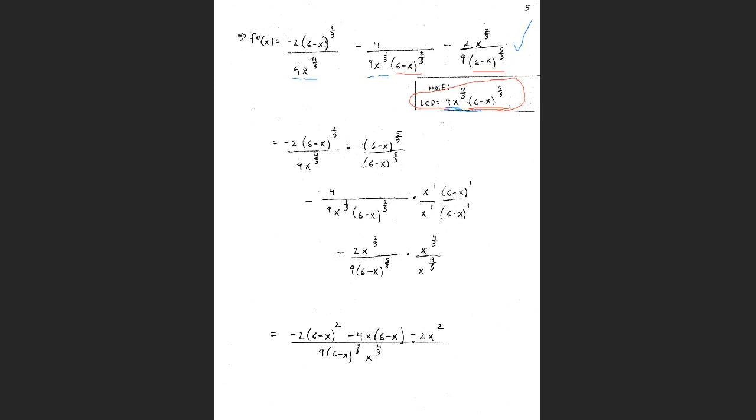So I'm going to then multiply each of my three fractions on the top and the bottom by what I need to multiply by, so that the denominator will be 9x to the 4/3 power times 6 minus x to the 5/3 power.